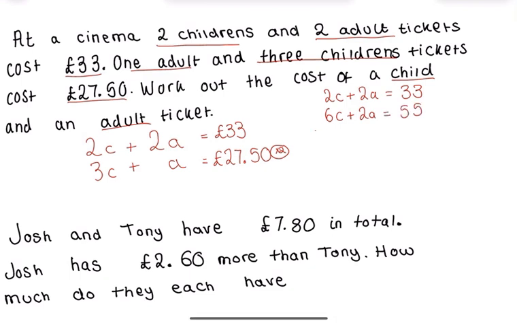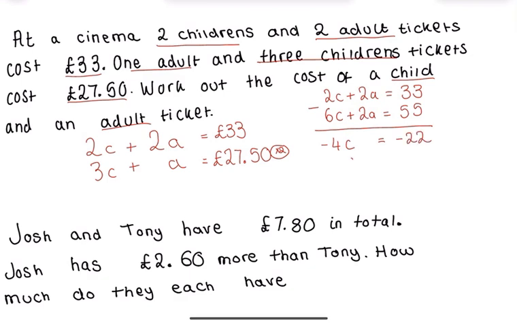And now, because the signs are the same, they're both positive on the ones we want to eliminate, we can subtract. 2c take away 6c is negative 4c. And then we're going to do 33 take away 55, which is negative 22.